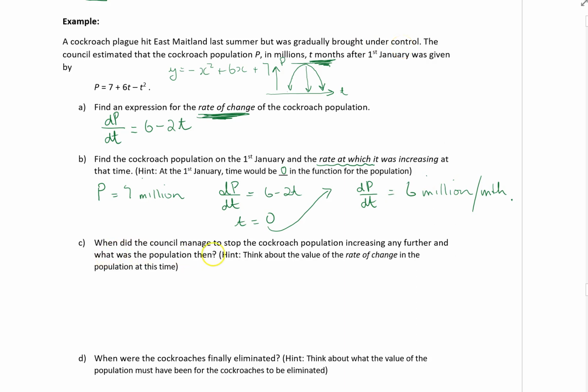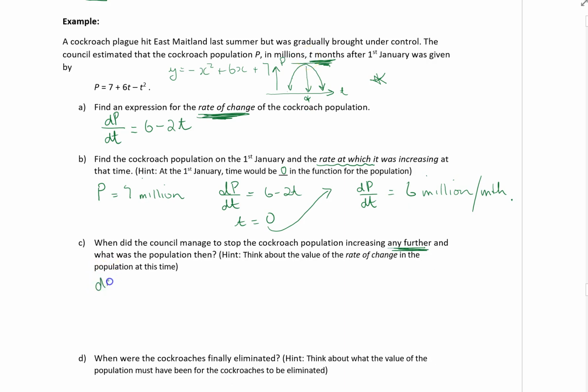It says, when did the council manage to stop the cockroach population increasing any further? And this is where, if you've been able to draw the graph, you can connect your understanding of these words back to the diagram. When did the population cease to increase any further? And clearly it's at this point here, at this t value. What's going on at that t value?